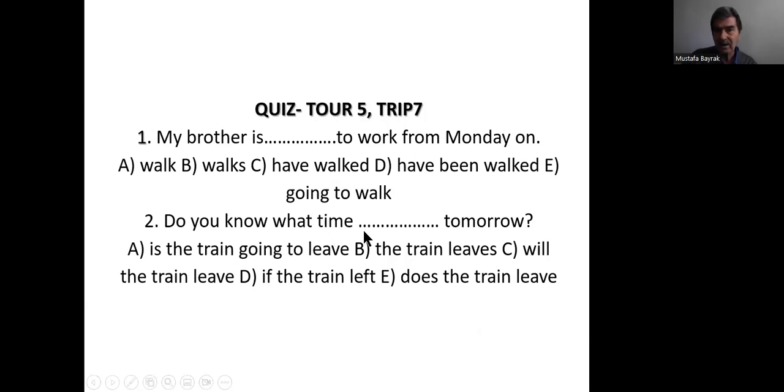Do you know what time the train leaves? There is the what time clause, so we don't need an if clause, so B is true. Do you know what time the train leaves tomorrow? Yes, I know what time it leaves tomorrow.